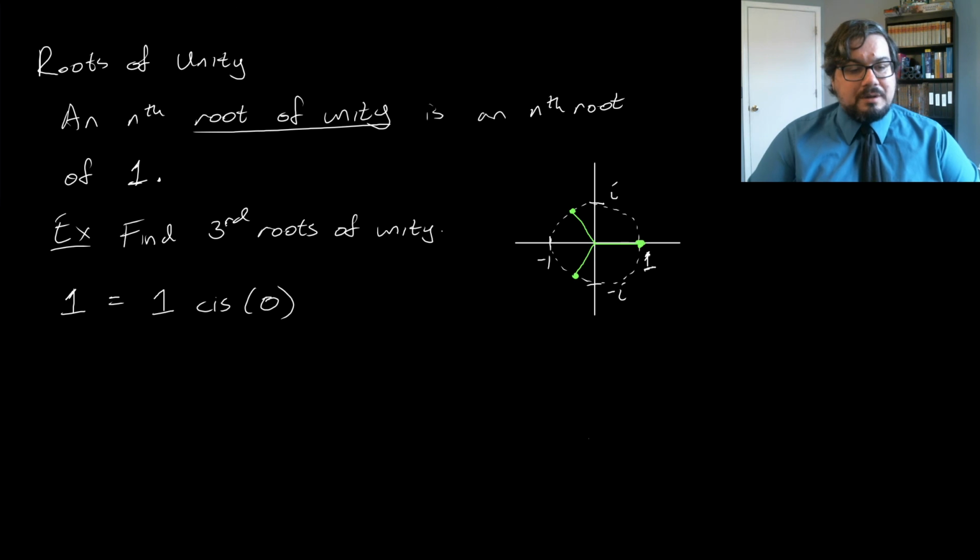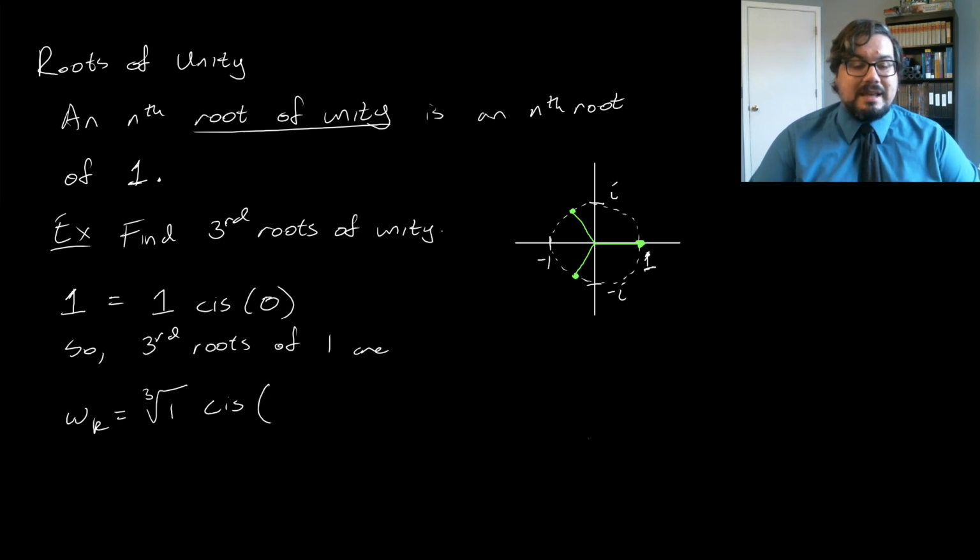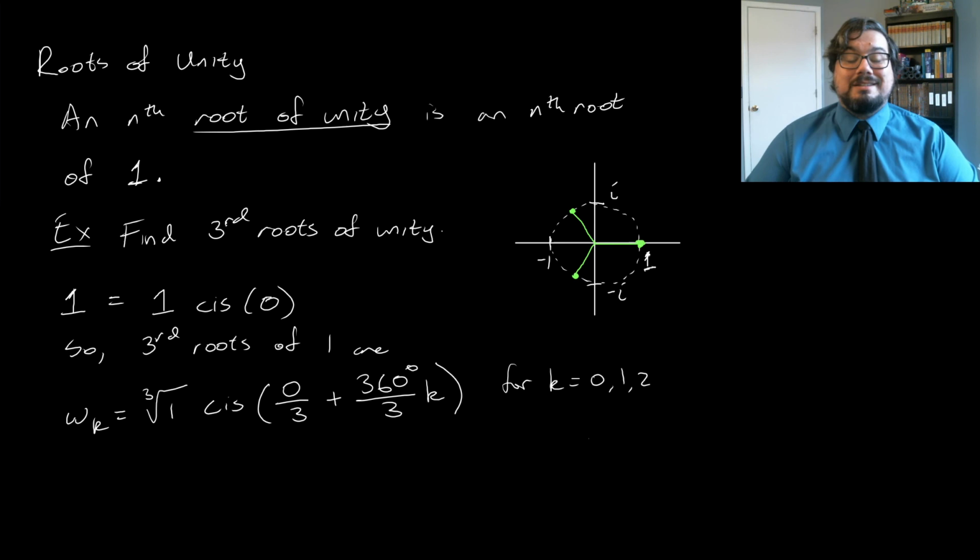So that means that the third roots of 1 are given by w_k, which will equal the third root of 1, which of course is just 1, times cis of 0 over 3, which is of course just 0, plus 360 degrees over 3 times k, for k equals 0, 1, and 2.